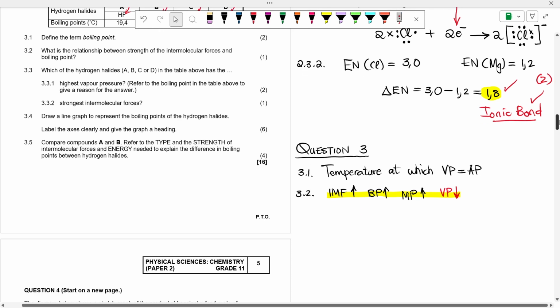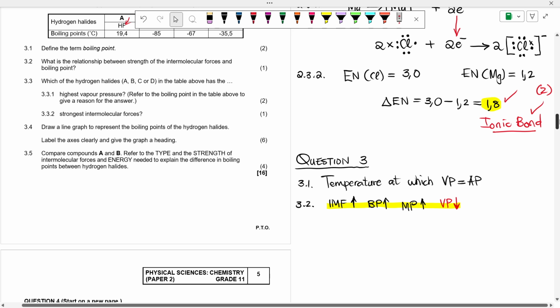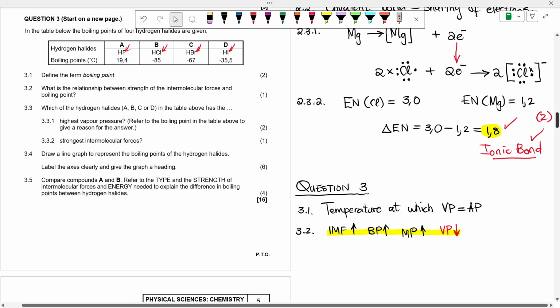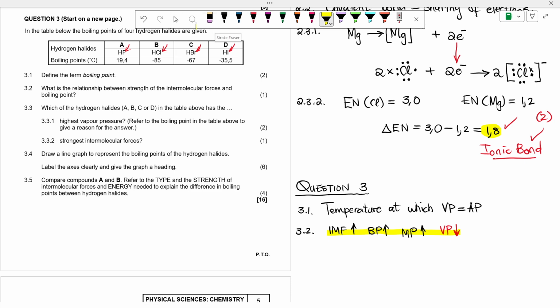3.3, which of the hydrogen halides A to D in the table has the highest vapor pressure? Okay, there is vapor pressure now. Which of these have the highest vapor pressure? And they want a reason for it.